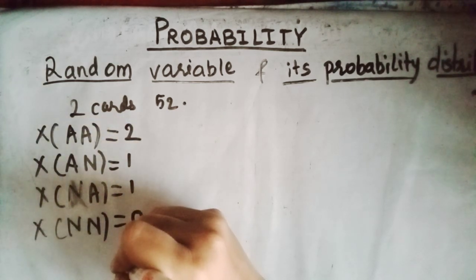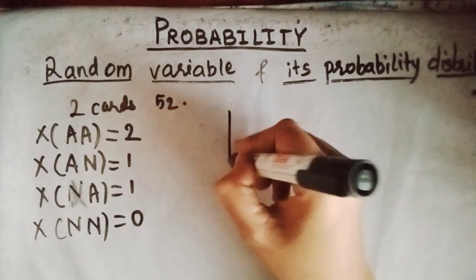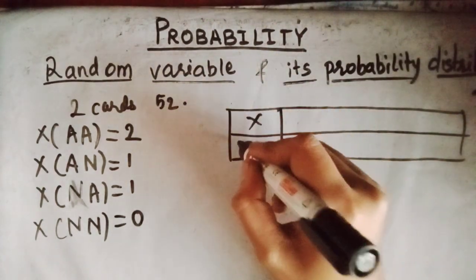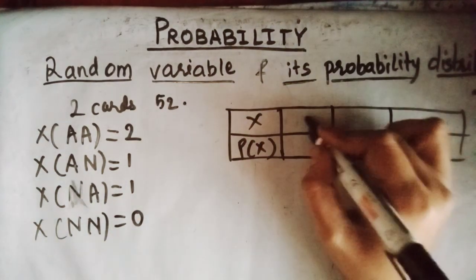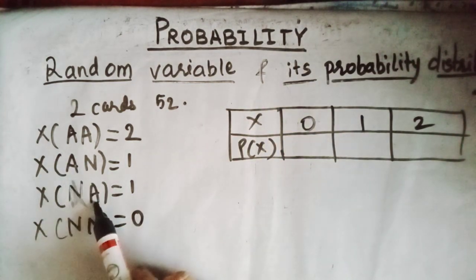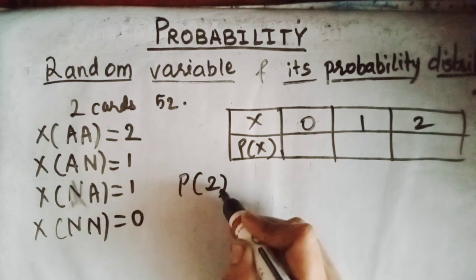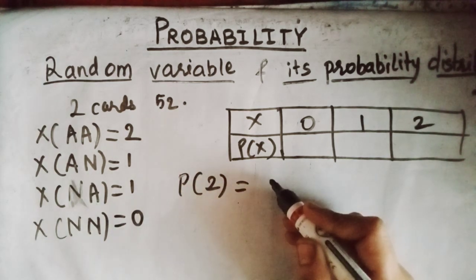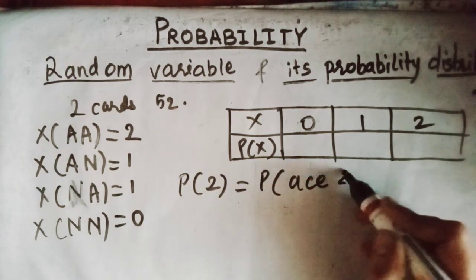So x can take values 0, 1 and 2. I will write the table here, and we have to find P. Let's find out P of 2, which is both are ace cards.